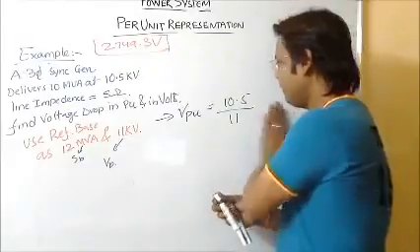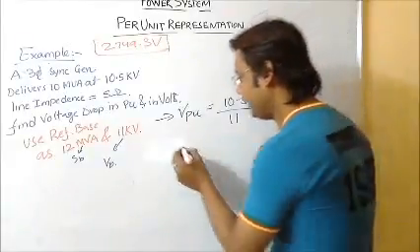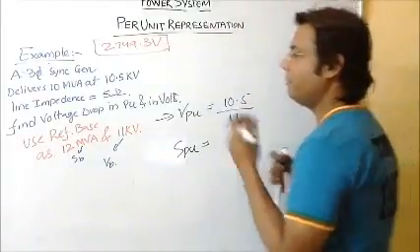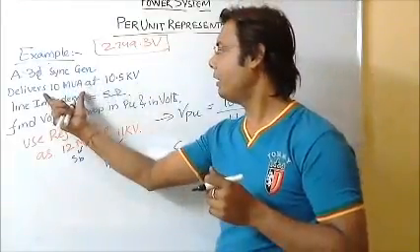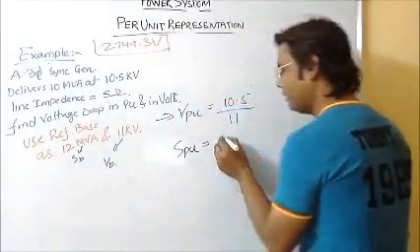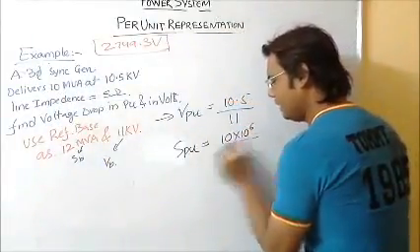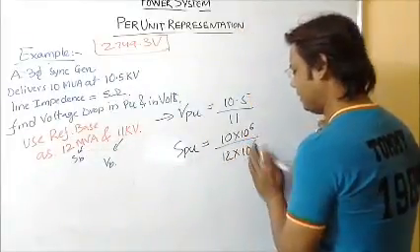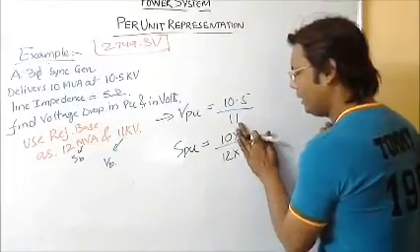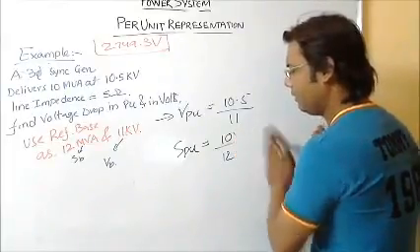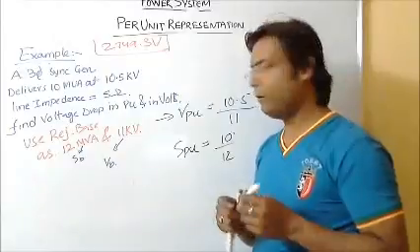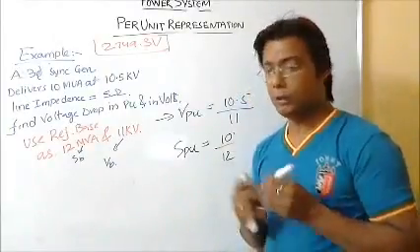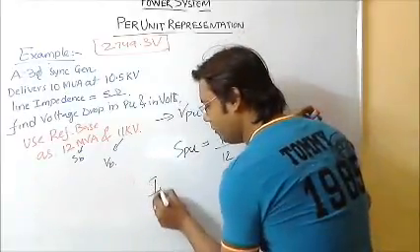We will not solve this now. And I can have the S per unit also. The S per unit is the actual value of the MVA rating, given as 10 into 10 raised to the power 6, divided by the base, given as 12 into 10 raised to the power 6, which equals 10 by 12. So I can have the Z per unit, the S per unit and the V per unit also. In the same way I can have I per unit also.